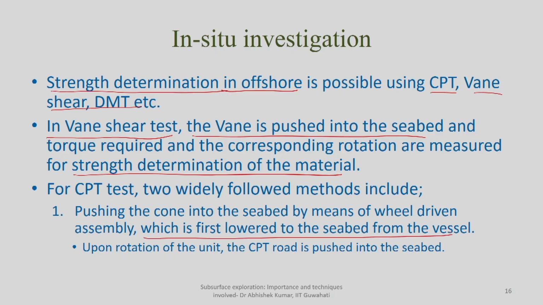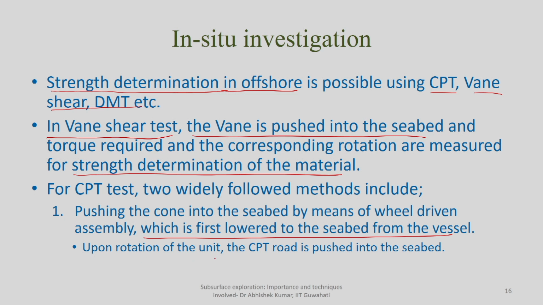So, you lower your assembly to the seabed, your wheel assembly also, your drill assembly also, and from there onward it will push into the seabed, and that is how you can get an idea about how much is the cone tip resistance or skin friction or sleeve friction, and pore water pressure.